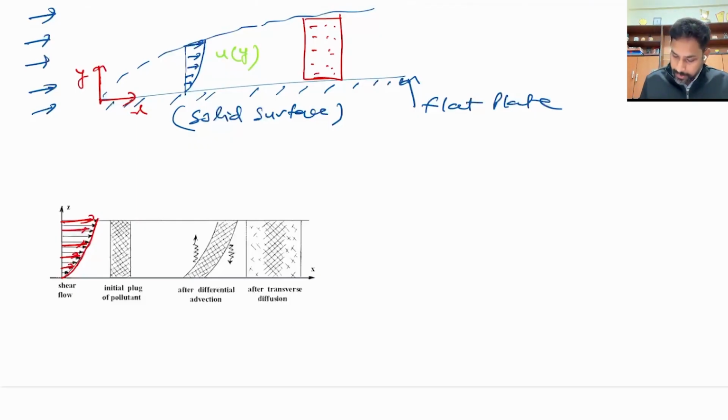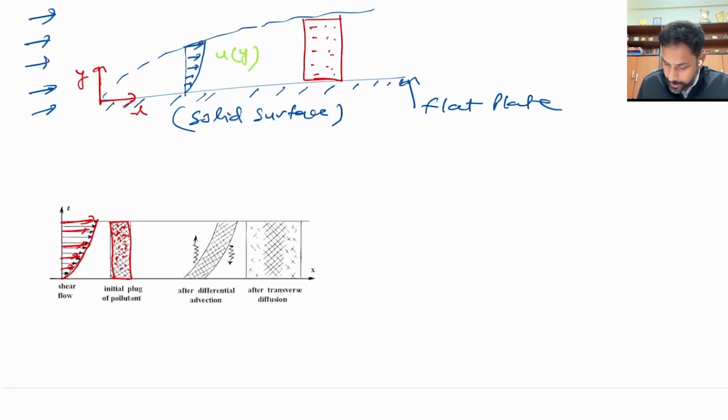And in this case, we assume that this particular place here has some concentration, right? Some solid particles initially. Now, because there is this velocity gradient, this whole plug of pollutant will move with the velocity. Now, because the upper layer has higher velocity than the bottom layer, this part actually will move faster and this part will move slower, right?